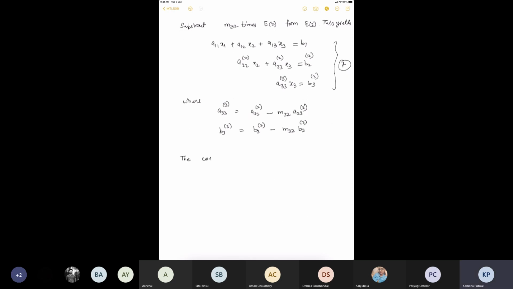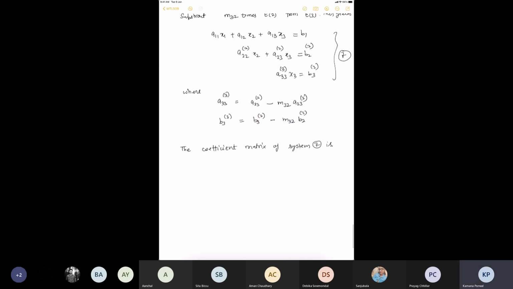So the coefficient matrix of system 7 is, so just write it down. What is the system we have there?